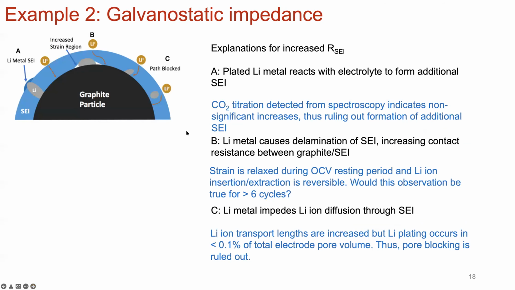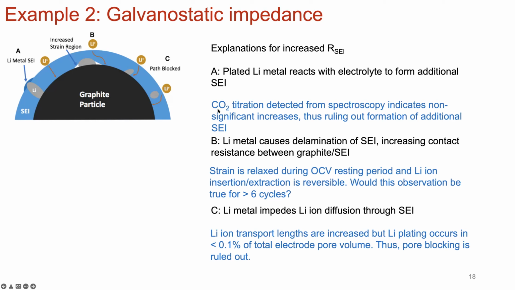Okay, so from their DRT and impedance analysis, cross-referenced with spectroscopy, they can start to rule out certain processes. For example, if the resistance of SEI is increasing, does that mean the SEI is also growing?